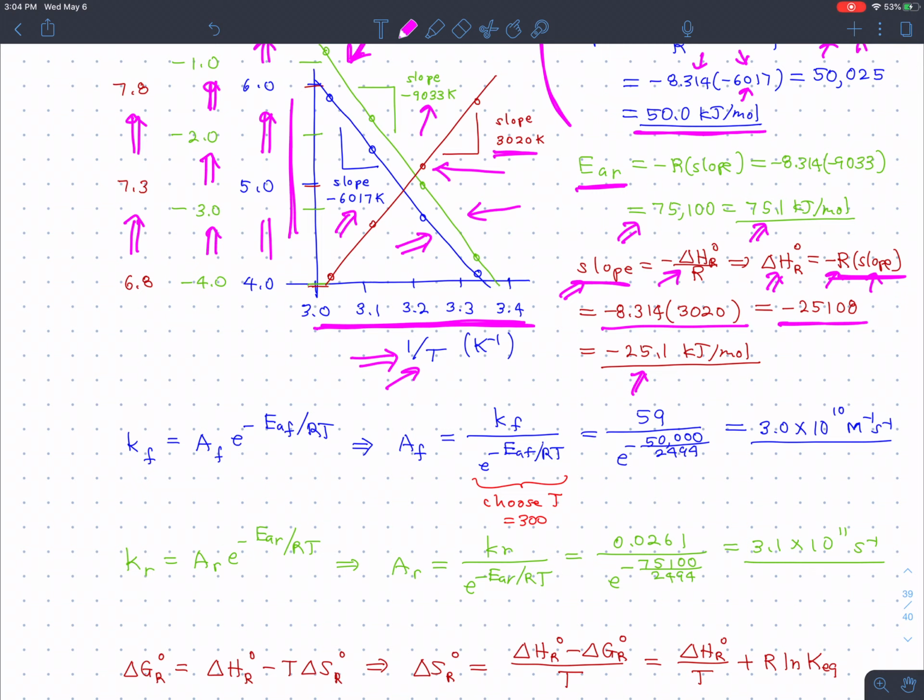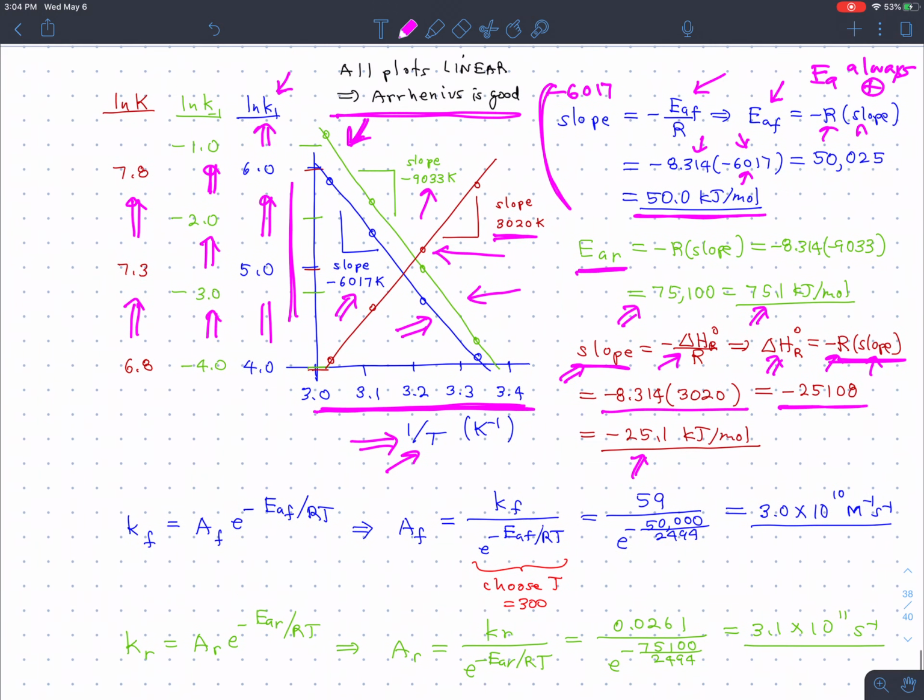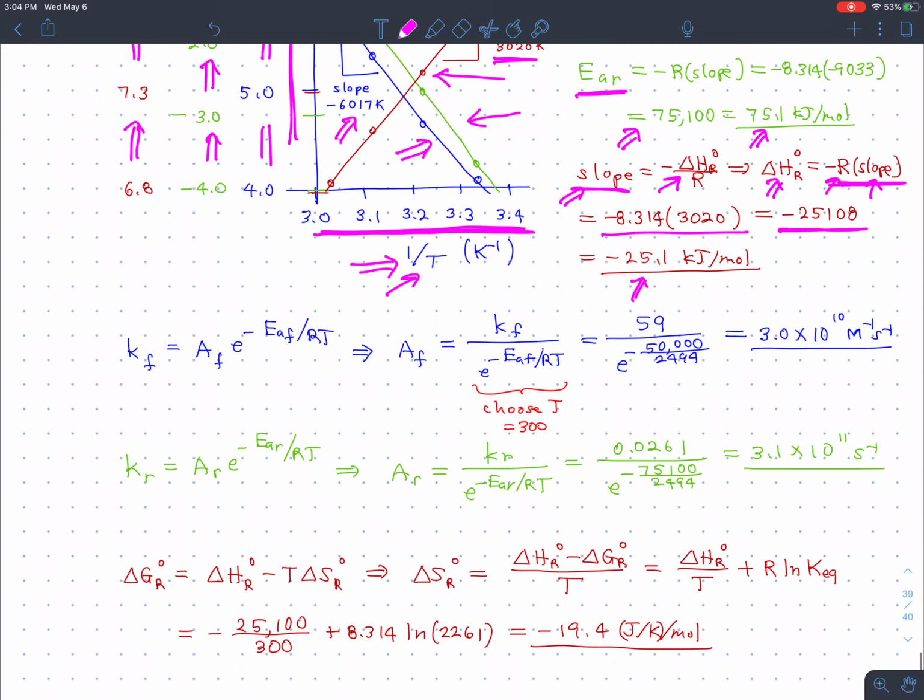That the equilibrium constant was going down as temperature went up, therefore we should have an exothermic reaction, therefore delta H should be negative. Okay, that gives us the energies, the two activation energies in both directions and the delta H.